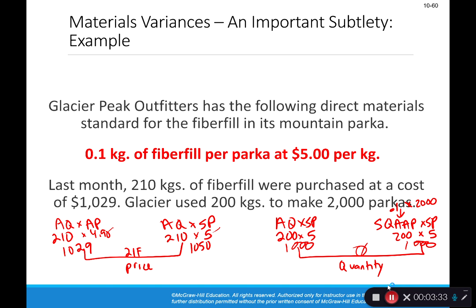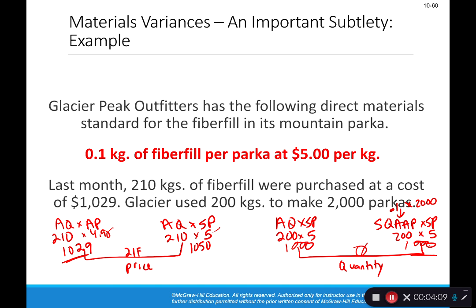But the one thing I want to point out is we can't do our little check where we add our price and quantity variance to get the difference, because you'll notice 21 plus 0 is obviously 21, but the difference between $10.29 and 1,000 is 29. So whenever you have the PPQU situation where the quantity purchased and the quantity used is different, you have to do a separate middle column, and you can't do your double check because that middle column is different for each variance. Again, the price variance uses quantity purchased, PP, and the quantity variance uses quantity used, QU.